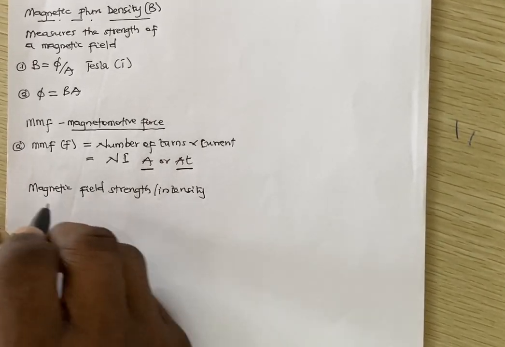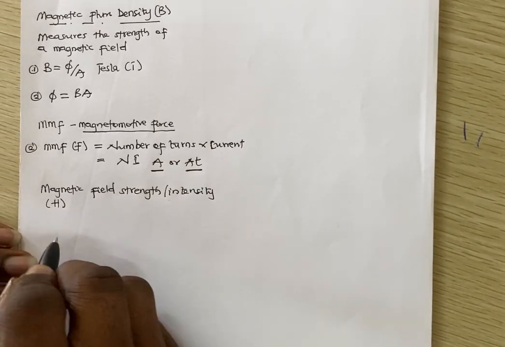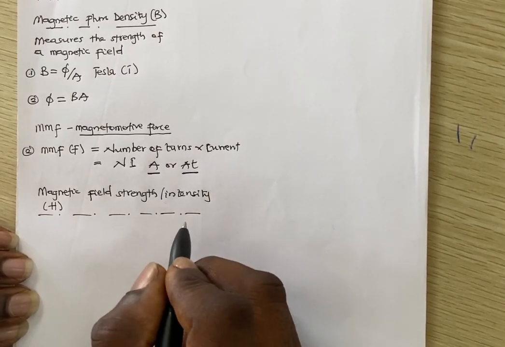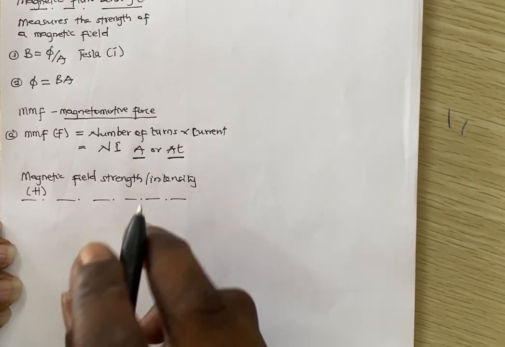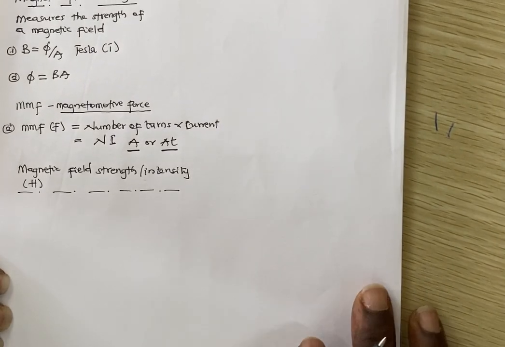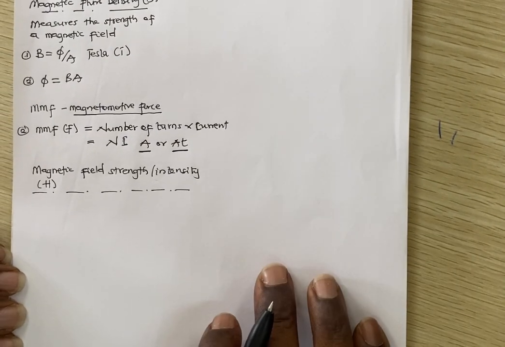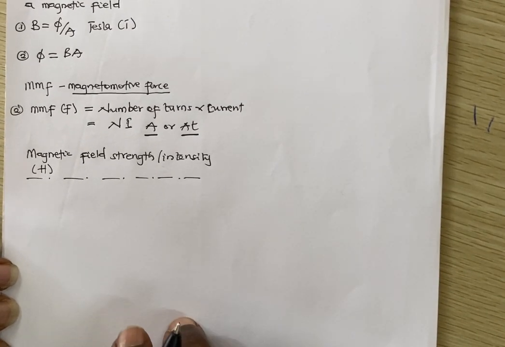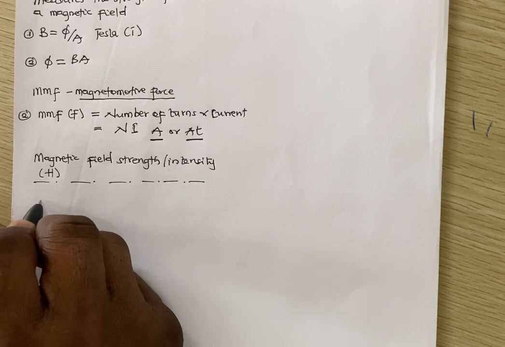This is represented with the symbol H. Now we say the magnetic field strength is the magnetomotive force per unit length of a magnetic circuit.